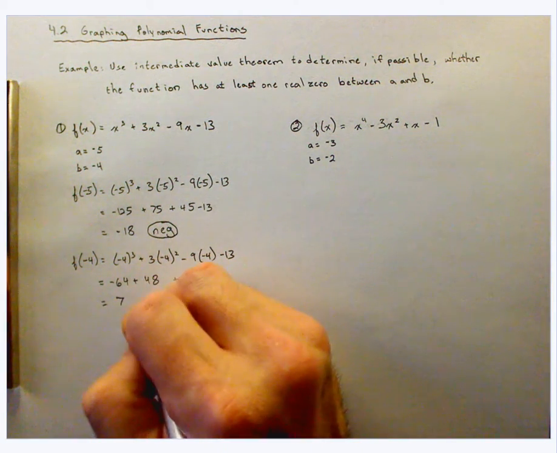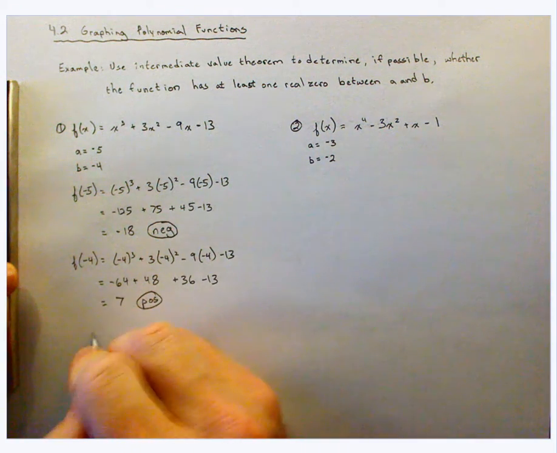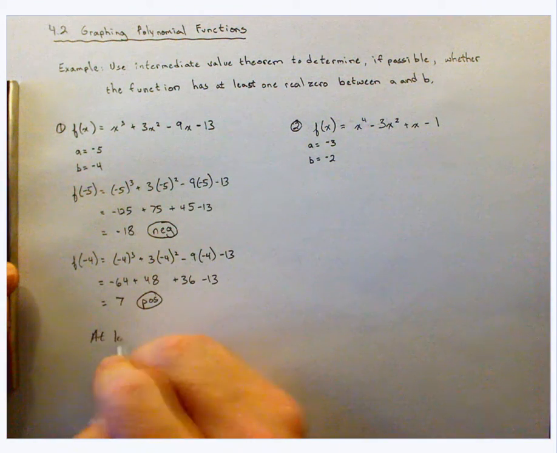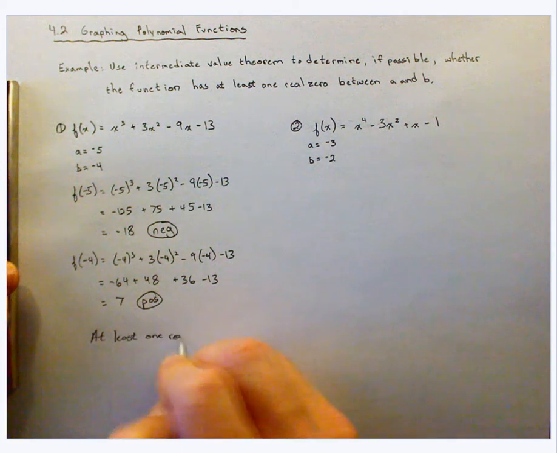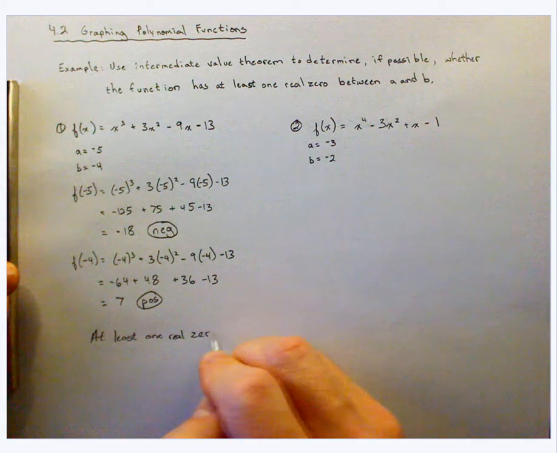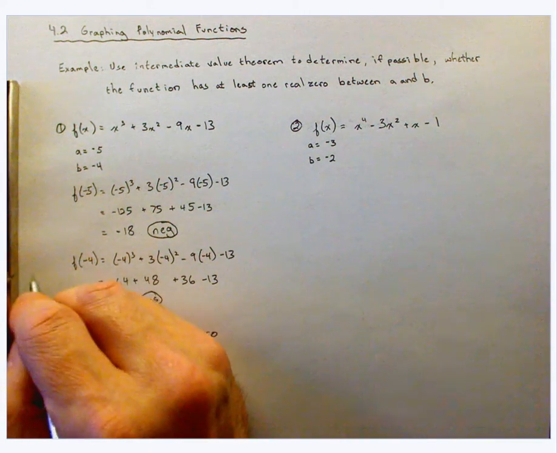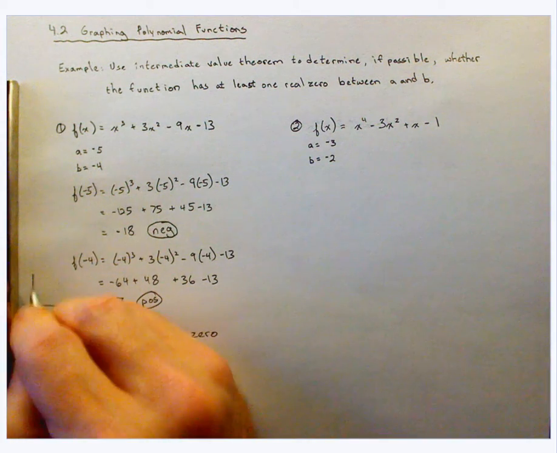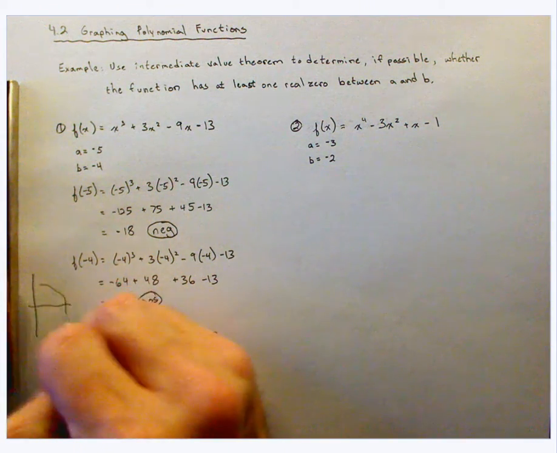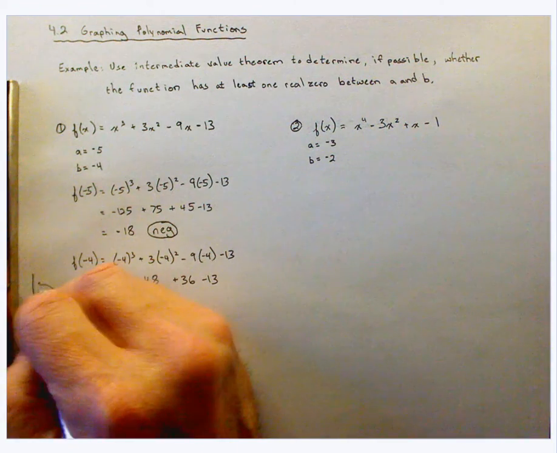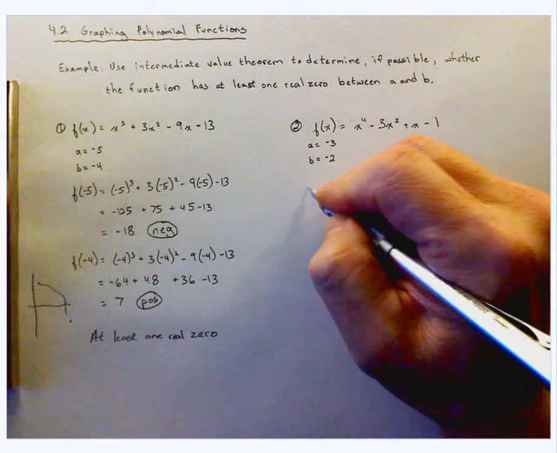And this one's positive. So what does this tell me? This tells me there is at least one real 0. There could be more, but I know there's at least one because somehow I have crossed the x-axis, like I showed on the graph. Okay, I've crossed the x-axis with what I'm doing. That's a horrible diagram. I apologize.